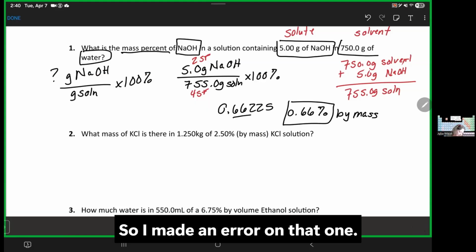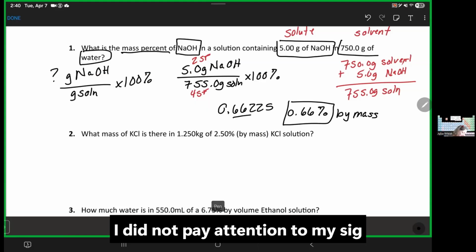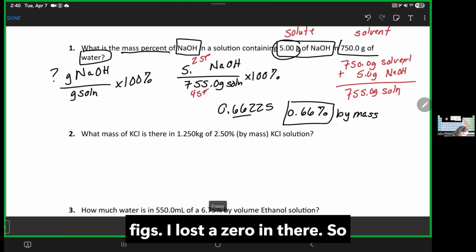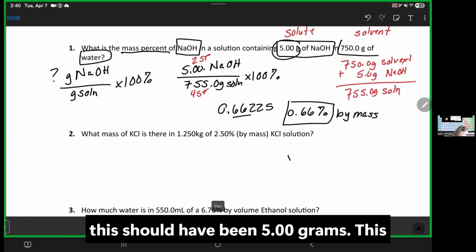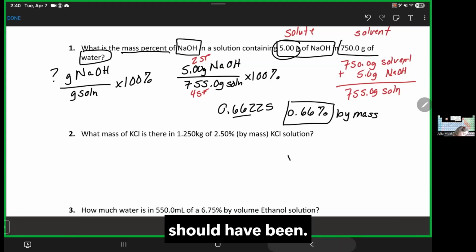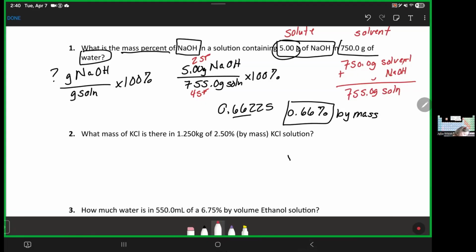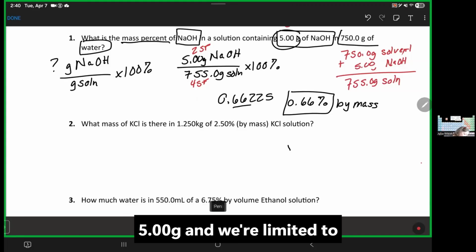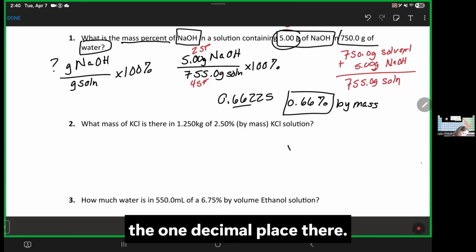So I made an error on that one. I did not pay attention to my sig figs. I lost a 0 in there. So this should have been 5.00 grams, and we're limited to the 1 decimal place there.